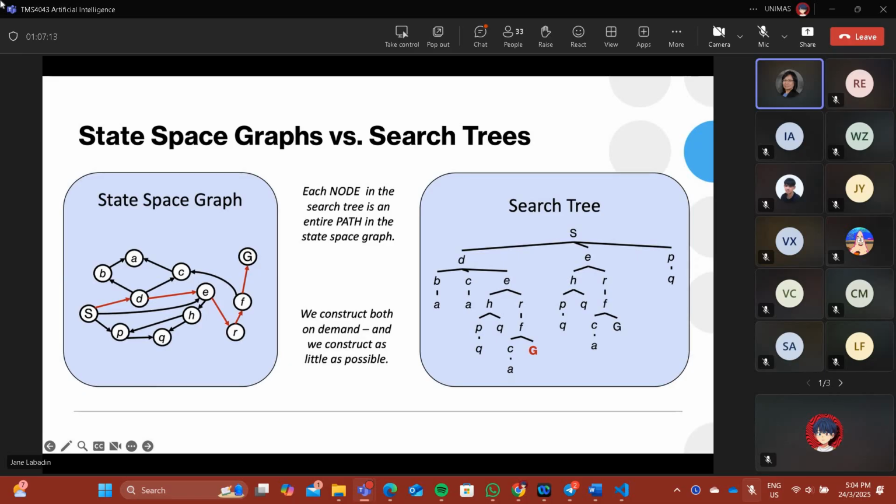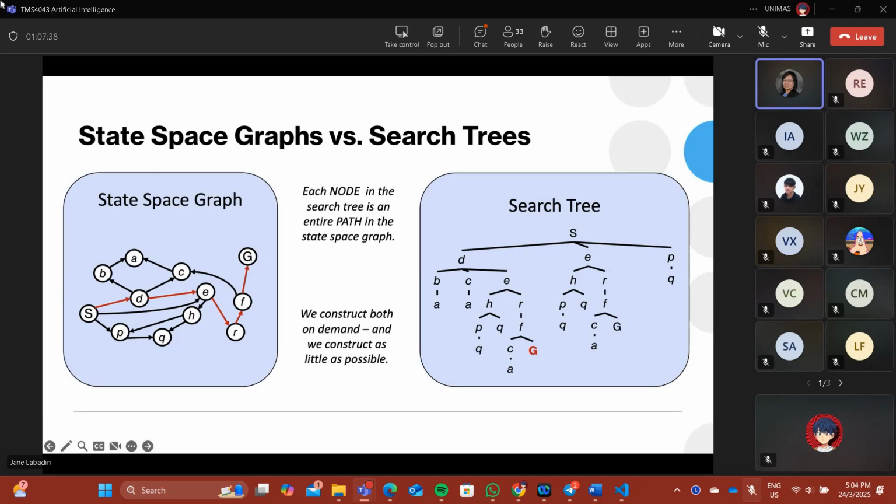You develop it according to the graph. You can have them both. We construct both on demand, and we construct as little as possible. You can construct both of them, but there is no need to construct the whole thing.